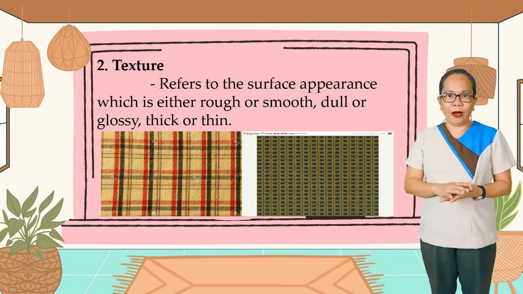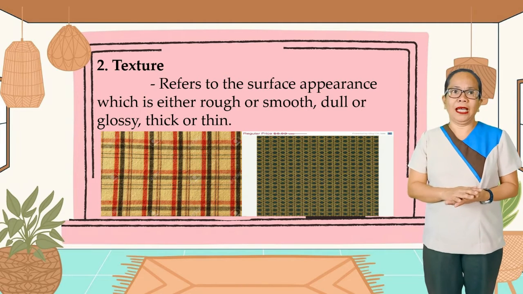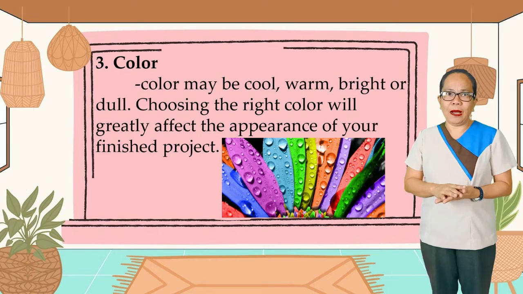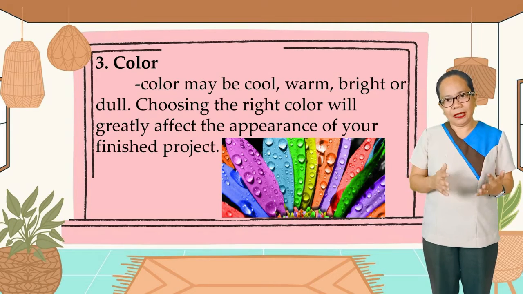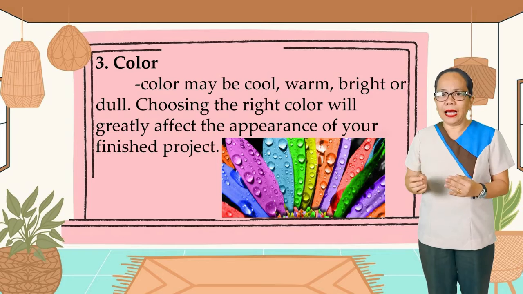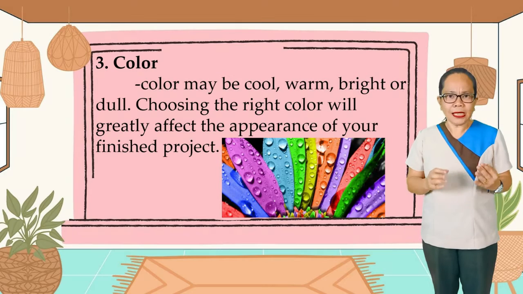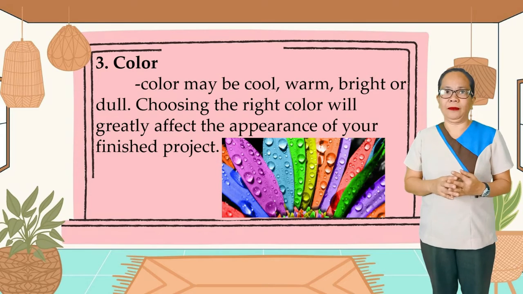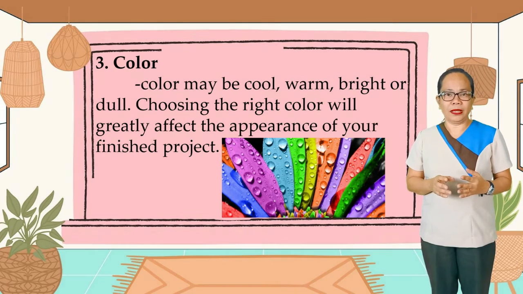Or makapal ba or manipis? Texture yon. Then we have the color. Okay, so ang kulay na gagamitin natin dapat bagay doon sa ating design na gagawin. So those are the informations all about elements of design.